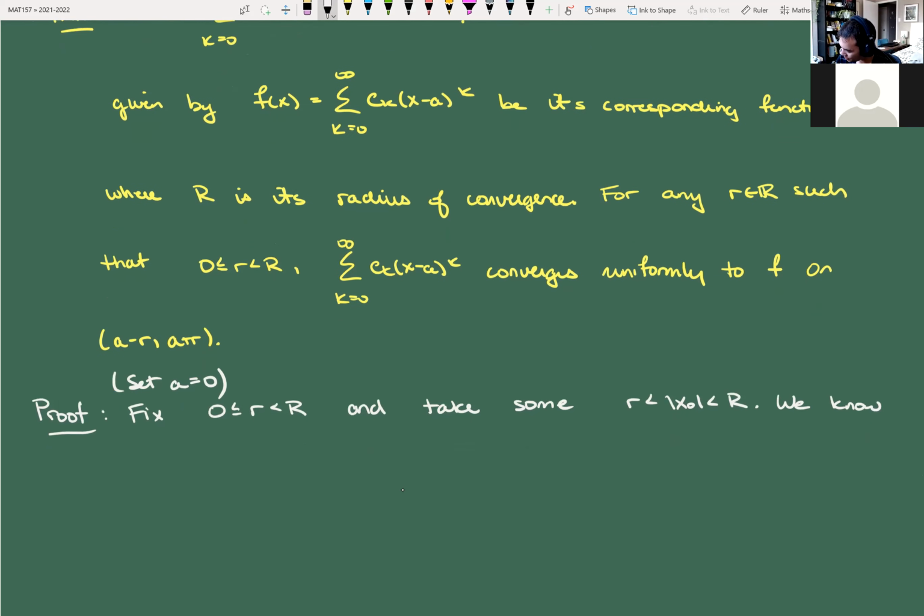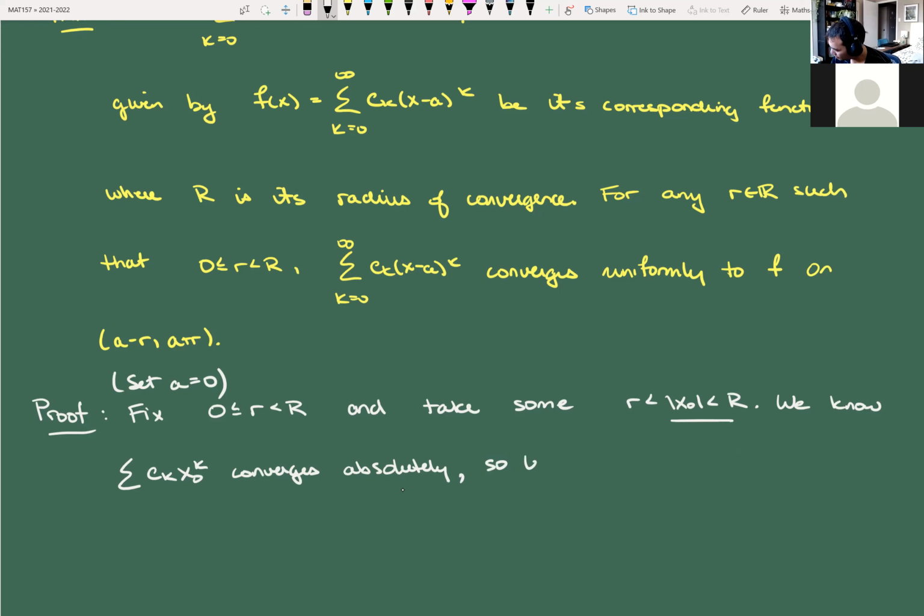So we know that the sum of c_k x naught to the k then converges absolutely, because the absolute value of x naught is less than R. So we know it converges absolutely pointwise.